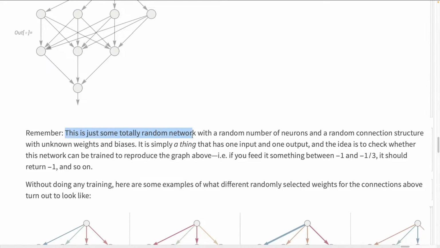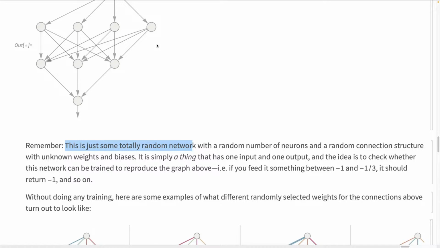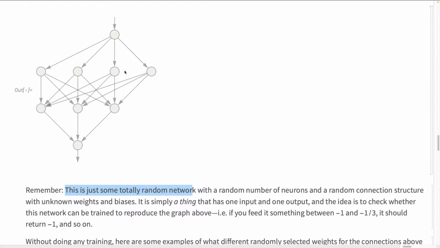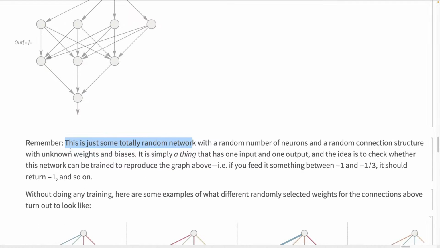It's a totally random network with a random number of neurons, a random connection structure. In this case, it's fully connected, but a random number of layers, random number of neurons per layer. It's all just randomly picked here. The only thing that actually matters with respect to our problem is that we have one input and one output.